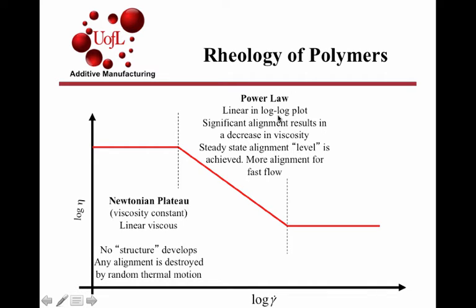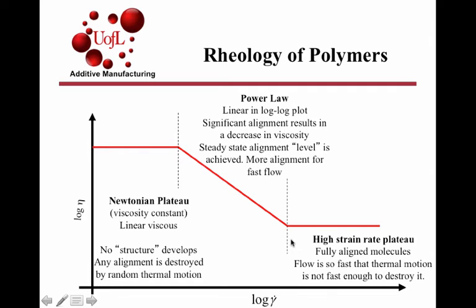It's linear in a log-log scale. Mainly this is because the alignment of chains improves in the flow direction, going from the disordered state initially. So the greater the shear rate, the greater the tendency to align, and the lower the resistance to deformation. At some point, all the molecules are fully aligned at high shear rates, so you end up having a viscosity independence of shear rate at high shear rates as well.